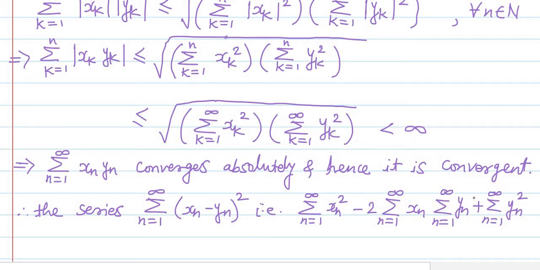Now as sequences xn and yn belong to L2, therefore obviously just now we have said that summation over n equal to 1 to infinity xn square is less than infinity, means it is a finite number. Again similarly summation of yn square is again a finite number, and just now we have shown that summation of xn yn is again a finite quantity less than infinity.